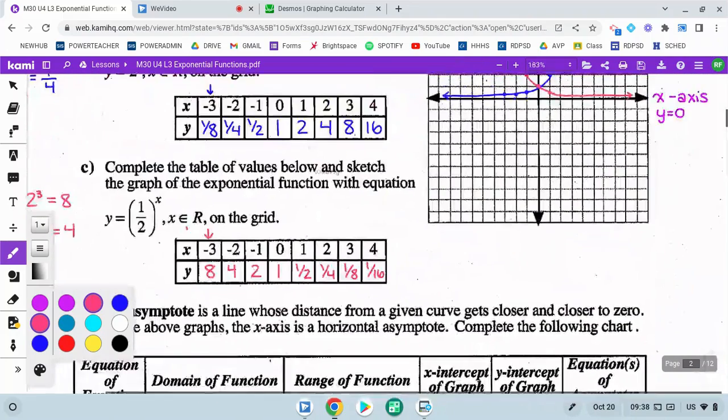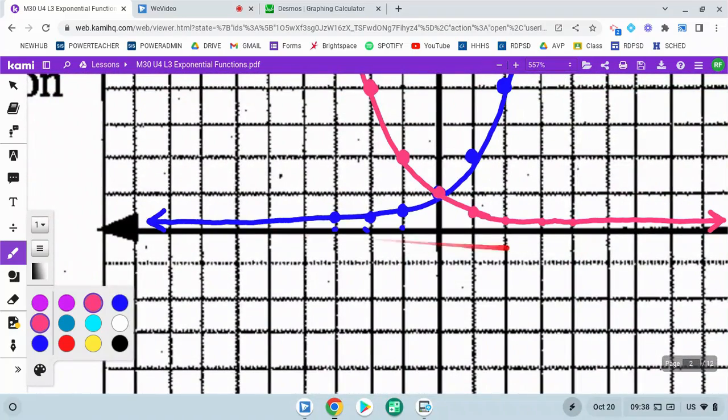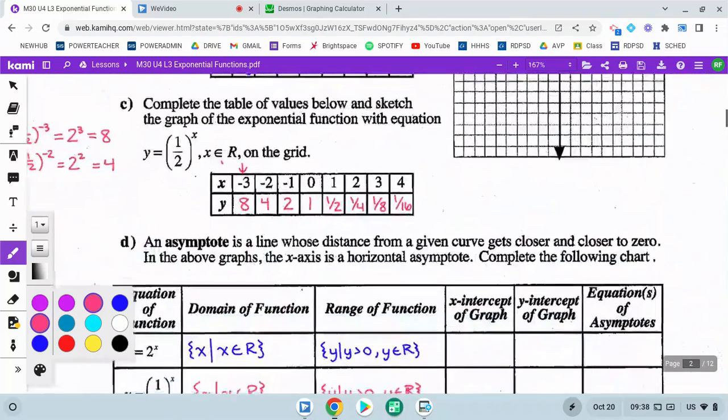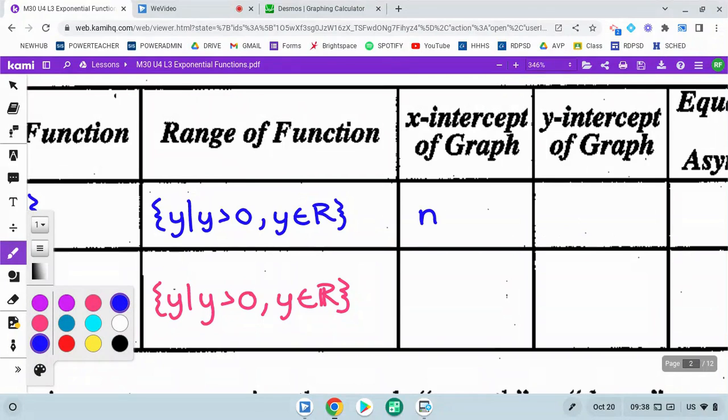Then for my x-intercepts, we know that the x-intercept is where the graph touches the x-axis. But we literally just talked about how this graph is never going to touch the x-axis, so I don't have an x-intercept for either of those because my range has to be above the x-axis.